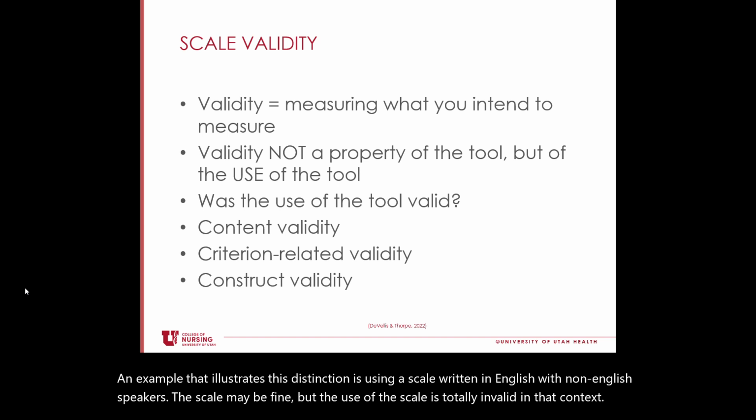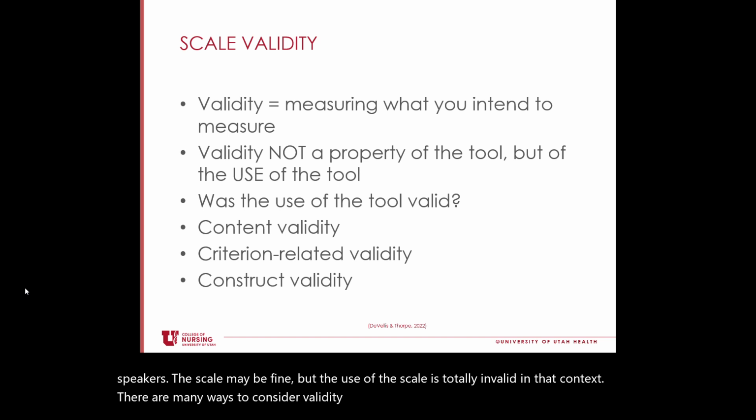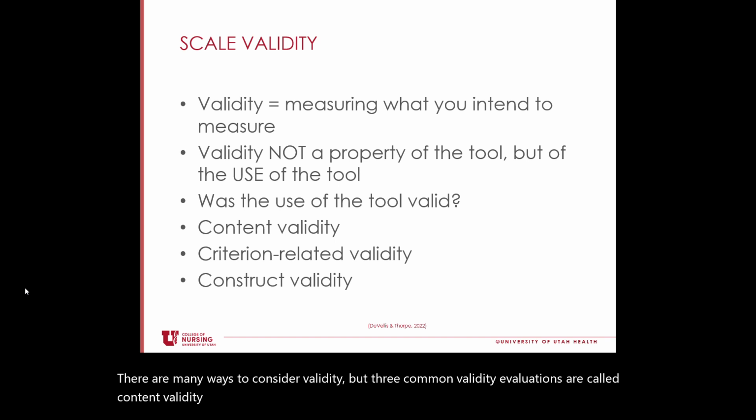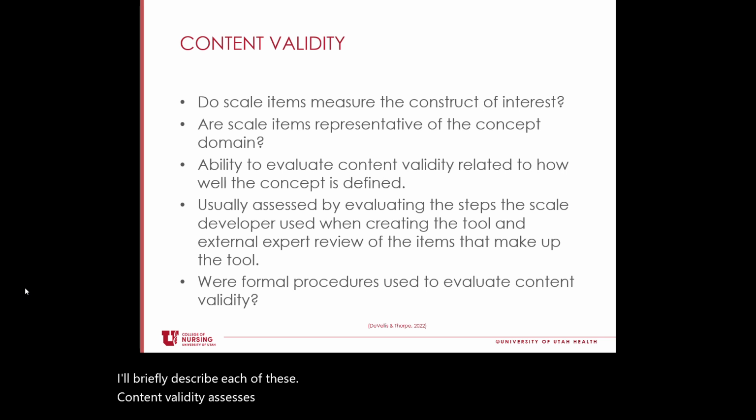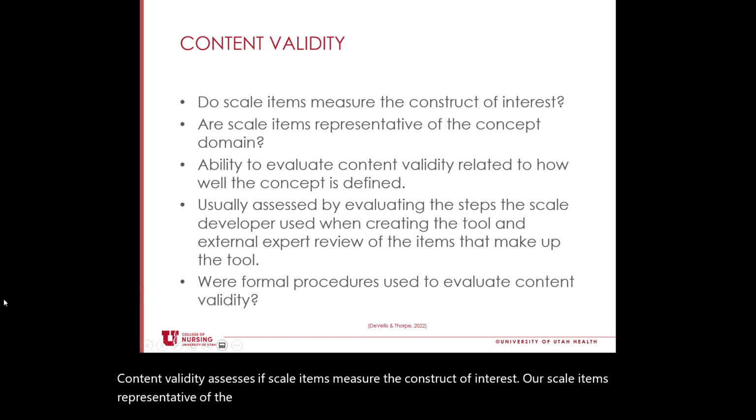There are many ways to consider validity, but 3 common validity evaluations are called content validity, criterion-related validity, and construct validity. I'll briefly describe each of these. Content validity assesses if scale items measure the construct of interest. Are scale items representative of the concept domain?